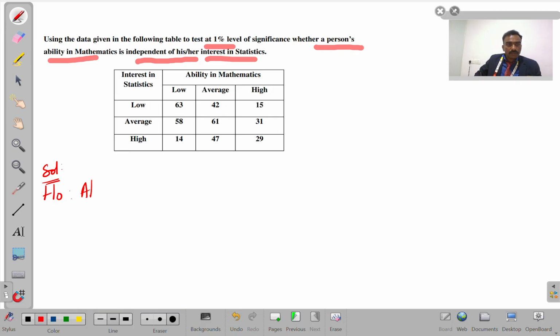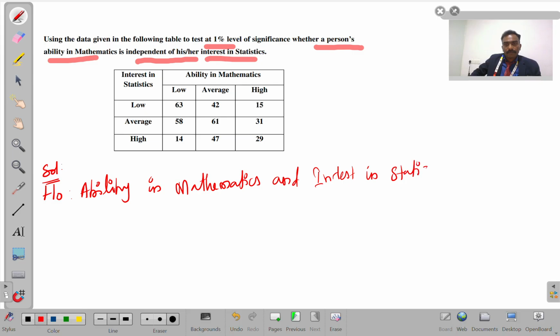So here H naught is: ability in mathematics and interest in statistics are independent. Then H1 is the alternate hypothesis.